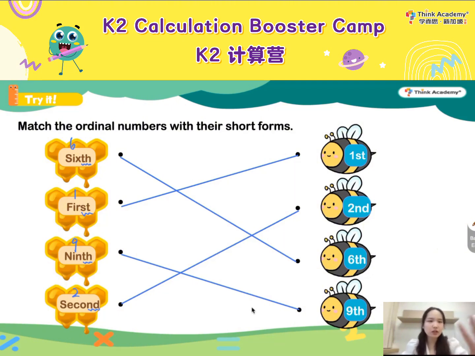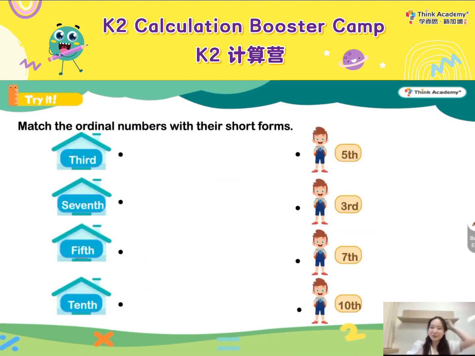Congratulations. But still, these are just 4 ordinal numbers. We have more. Do you want to do more matchings? I believe you do, right? Okay. So now, these are all the boys wanting to go home, right? So can you match the ordinal numbers with their short forms?